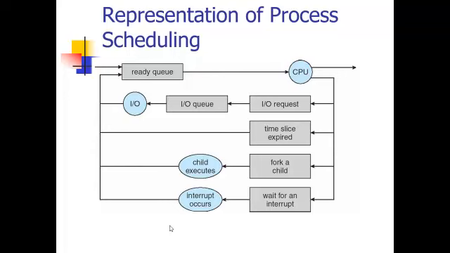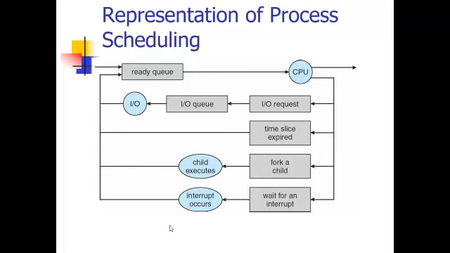So the CPU can give a chance to a process for its execution, and it can stop its execution based on different situations. For example, when there's an input output request, then the CPU will stop the current process. Why? Because then that particular process does not need the CPU for execution, because it has certain input output operations.